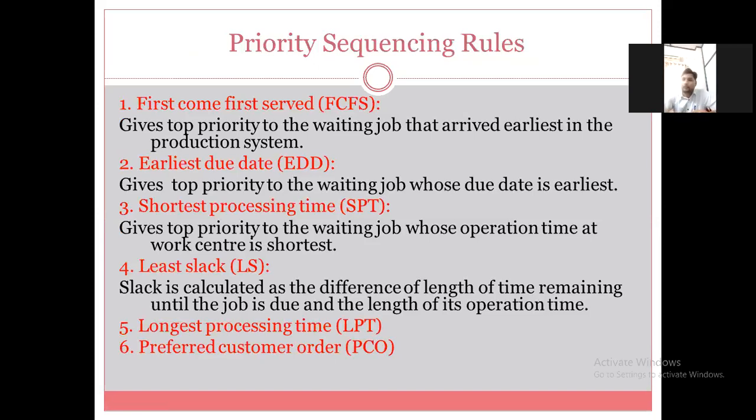Next heading: priority sequencing rules. First rule is first come, first served (FCFS).